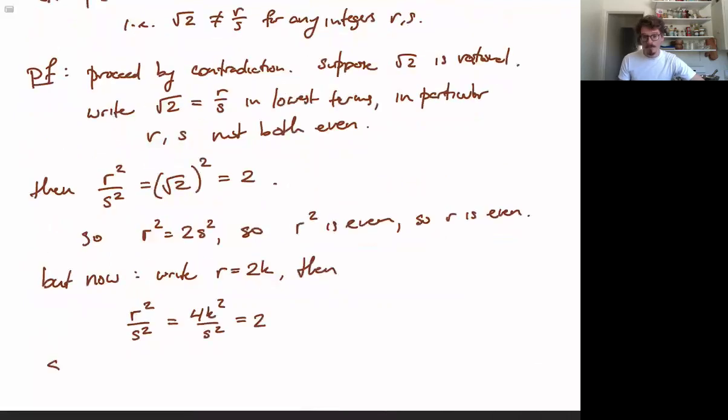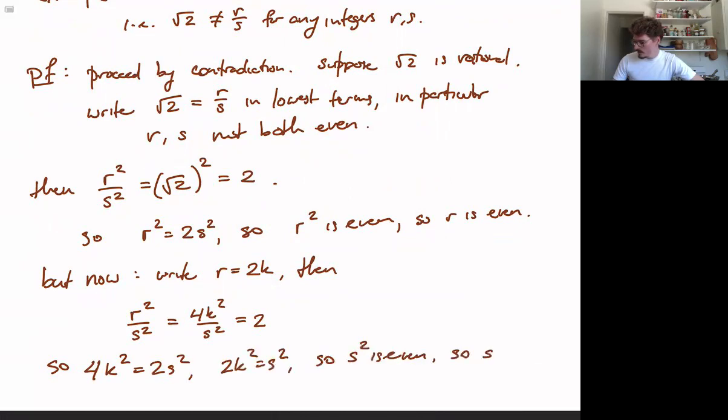So we can rewrite this as 4k squared equals 2s squared, and we can reduce that to 2k squared equals s squared. So s squared we can conclude is even. So s is even.